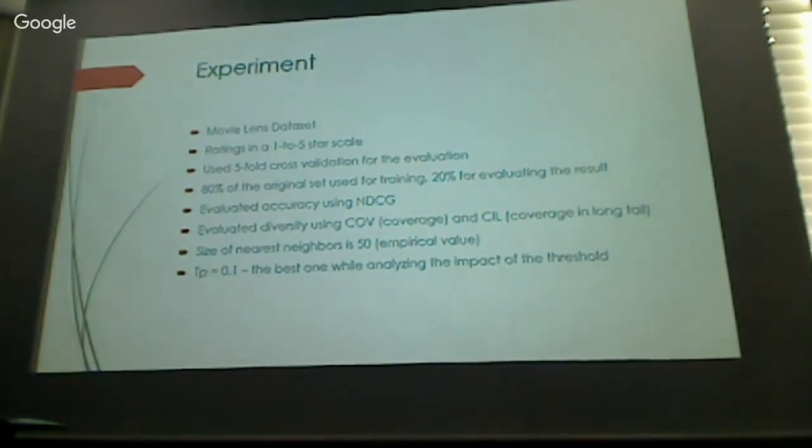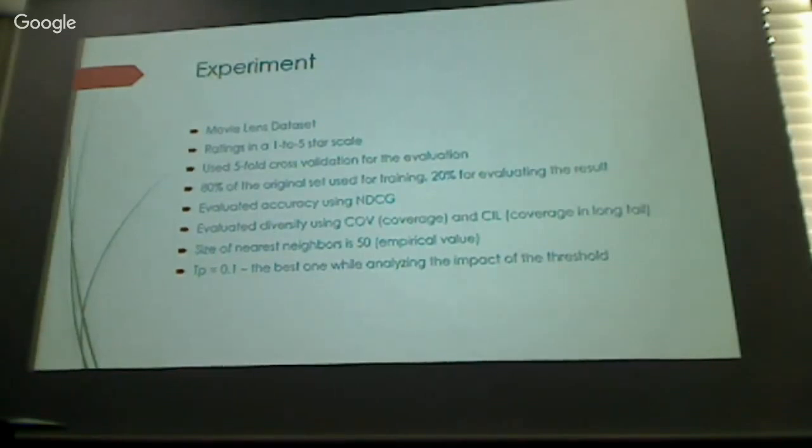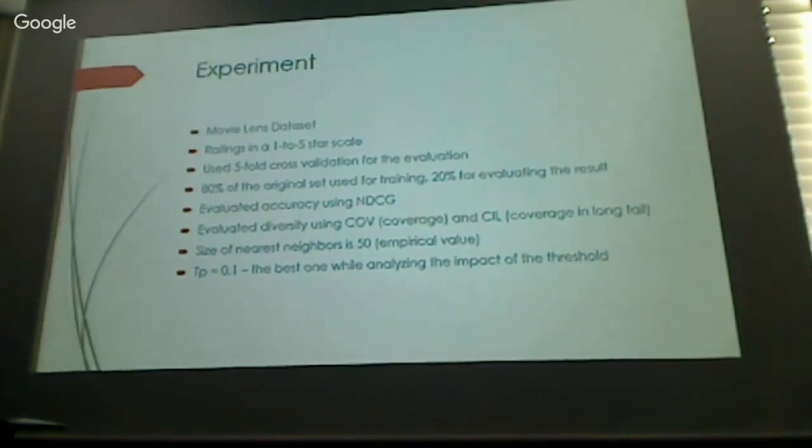To compare their new methods with the existing ones, they evaluate the accuracy using NDCG, the normalized discounted cumulative gain, and for diversity, they use the coverage and coverage in long tail.